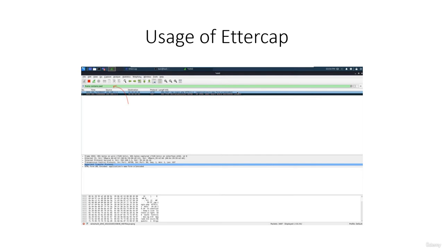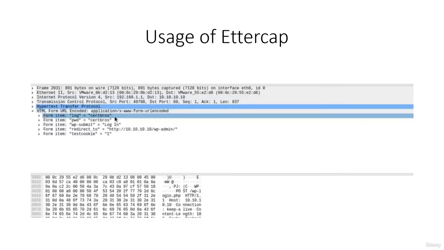Then after that, we got the filtered frame that contains the password field, as you can see. Very easy. The password and the username are visible due to the usage of the unencrypted HTTP protocol. So all are in Wireshark. There are the filtered frames that contain the password field.